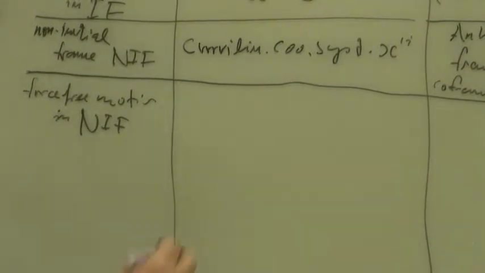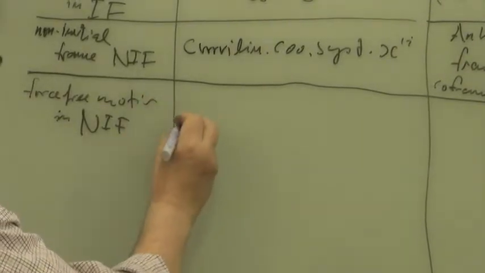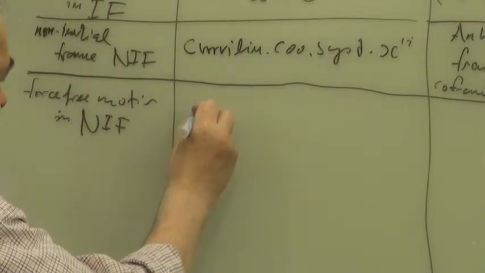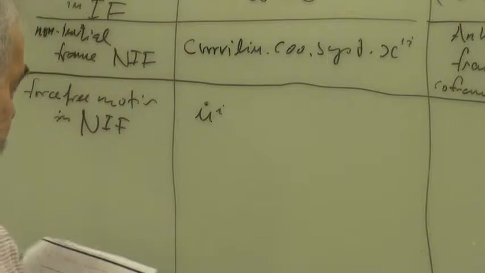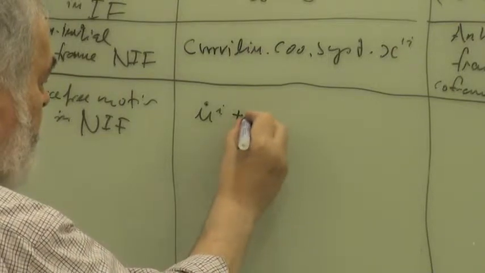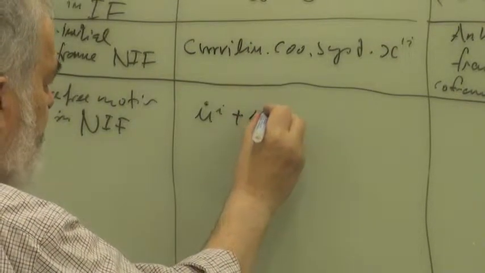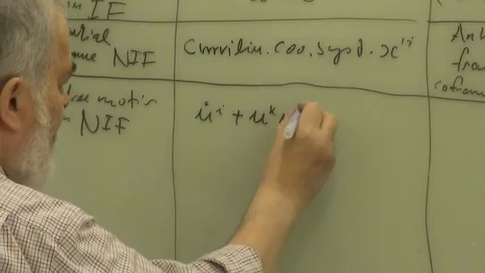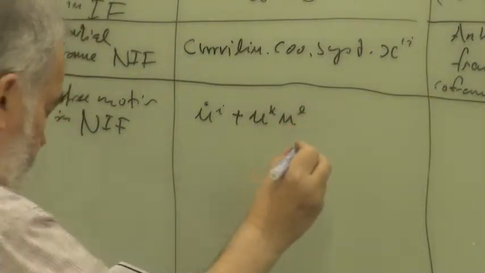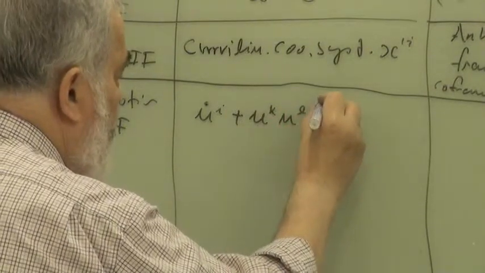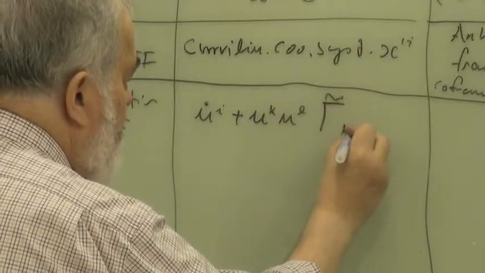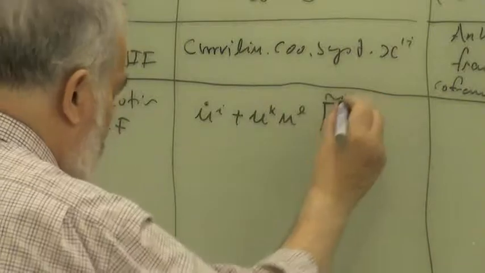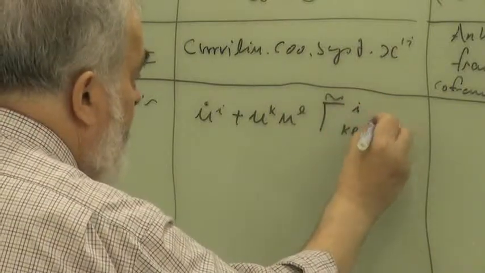And here I see in an inertial frame I get just vanishing acceleration, but of course in a non-inertial frame I know that I get u^i dot, but then I pick up a term plus u^k u^l times the Christoffel symbol, which I denote by gamma^i_kl, and that is equal to 0.